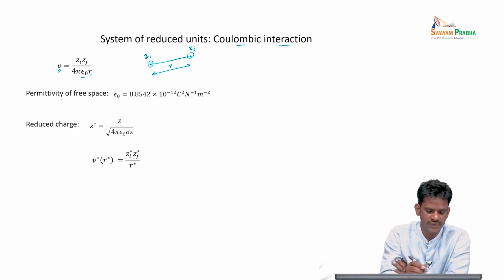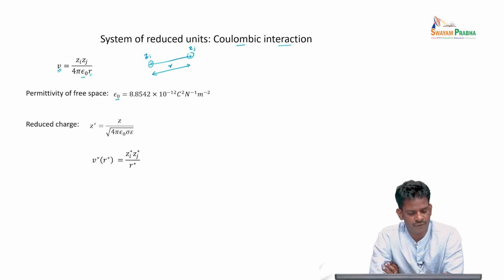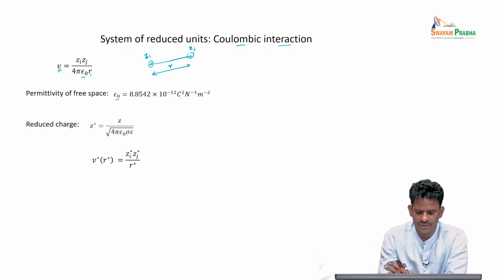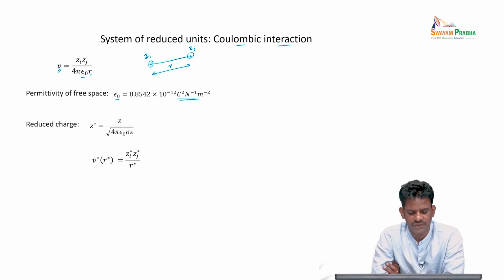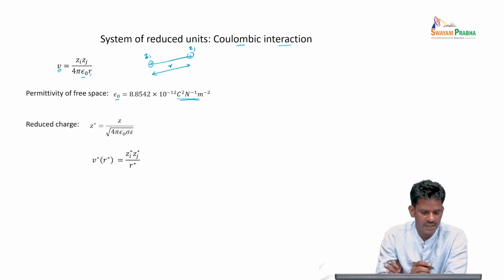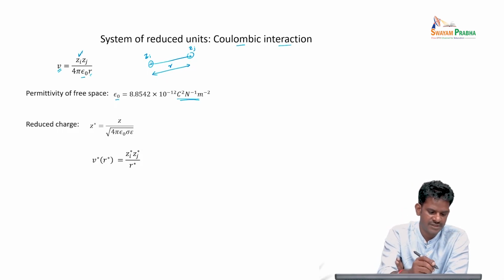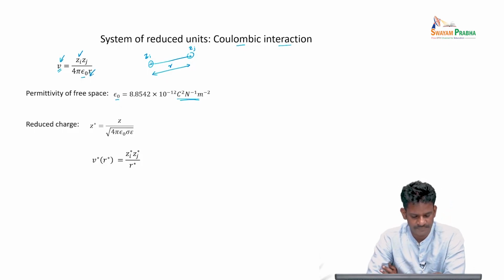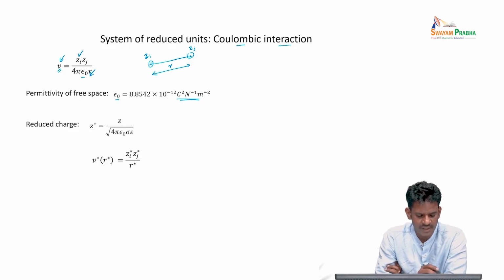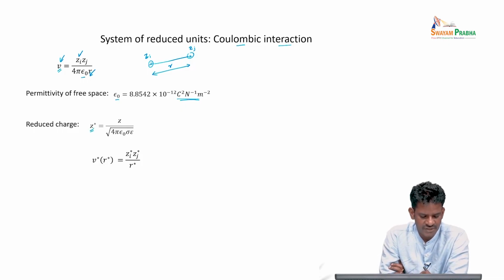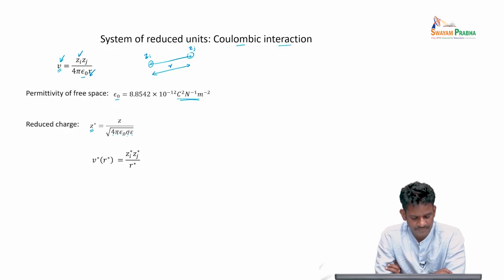And then this epsilon 0 here, that is the permittivity of the free space given in terms of these units. So now what we can do is we can choose non-dimensional charges Z and non-dimensional energy and non-dimensional R as well. So in this particular problem, we define that Z star is given as Z divided by square root of 4 pi epsilon 0 sigma times epsilon.